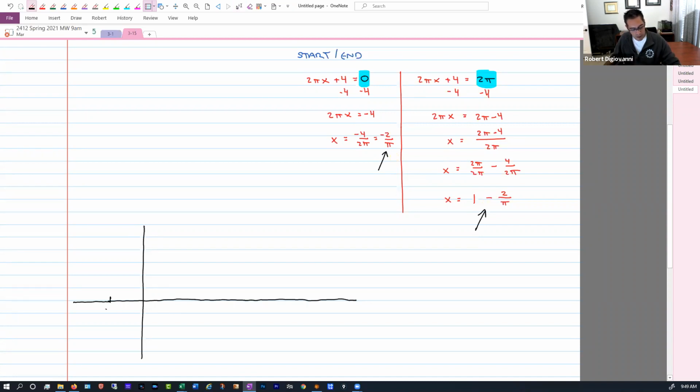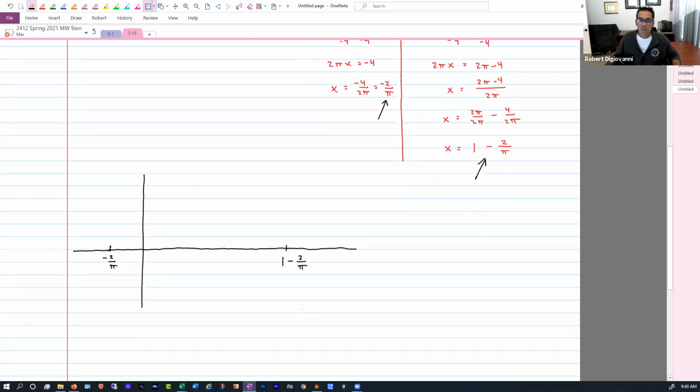So I'm going to put negative 2 over pi here, and then just anywhere to the right, I'm going to put 1 minus 2 over pi. And then what I need to do is find halfway, and then halfway between that and halfway between that.